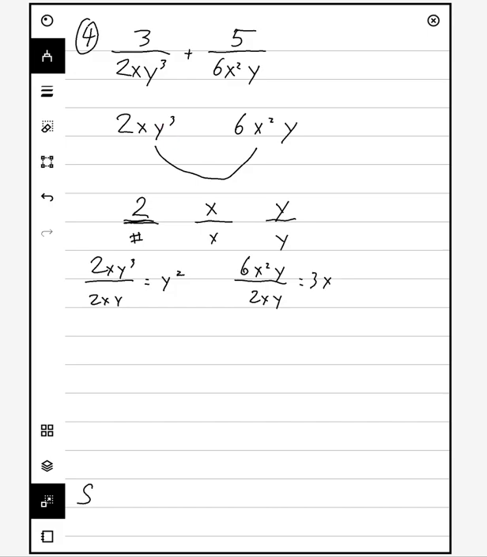Rather than trying to figure out the lowest common multiple for both of these, I can also just ask what they are both missing in order to become similar. So this side is missing y squared. And this side is missing 3x.